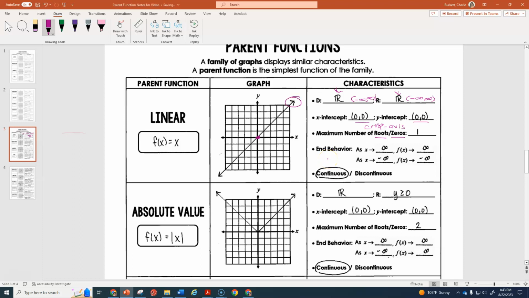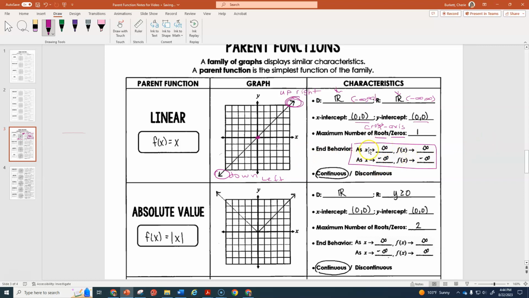In behavior is basically telling me, as simply as saying, that this graph I have right here is going up on the right and it's going down on the left. That's what this notation over here is saying.